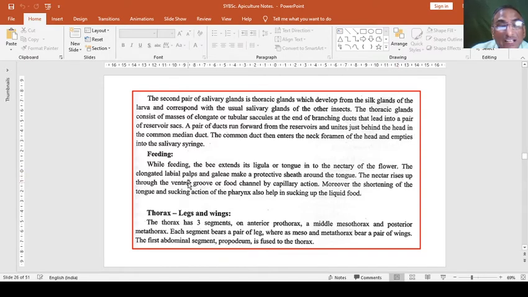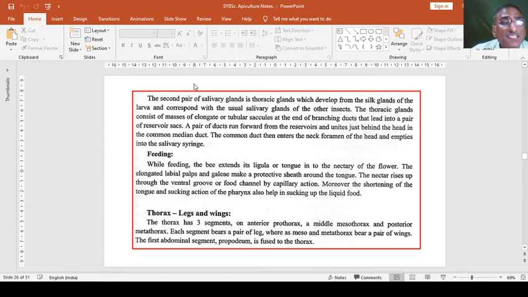Then the elongated labial palps and galea, or we can say slit-like organ, make a protective sheath around the tongue, and the nectar rises up through the ventral groove or the food canal by capillary action, and then the muscular sucking pump action helps to suck the material by shortening of the tongue into the pharynx, because the pharyngeal muscles suck up the nectar into the mouth, and then it is sucked up and passes into the sac, or we can say the crop, honey sac or crop.